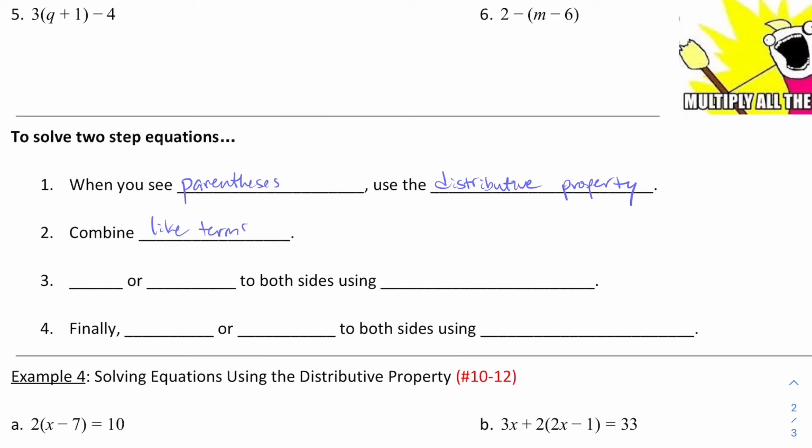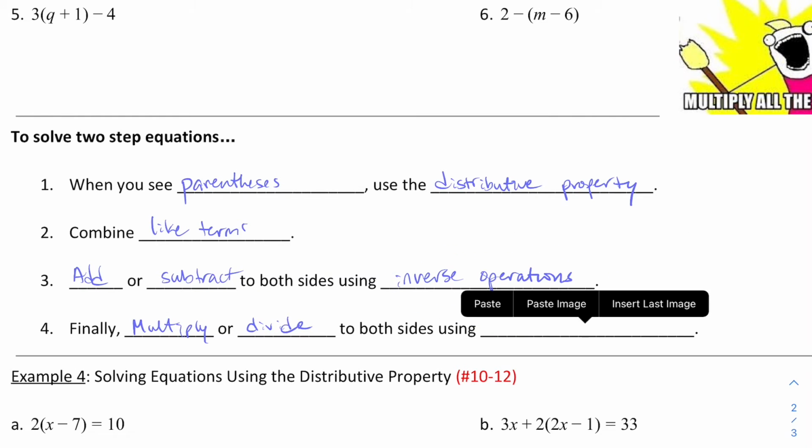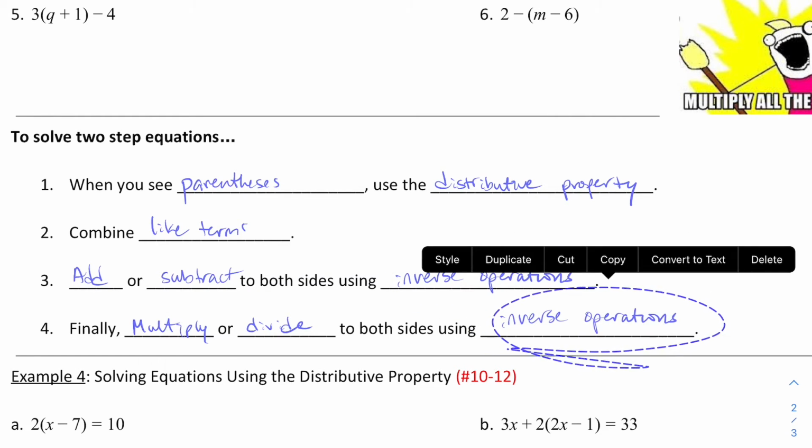After you combine like terms, you add or subtract to both sides using inverse operations. Remember, like zero pairs. And then finally, your final step is going to be multiply or divide both sides, once again using inverse operations. Okay?